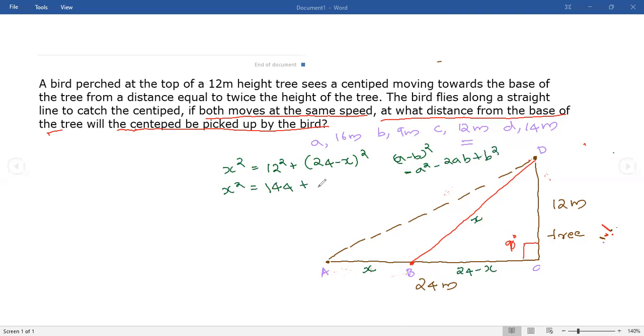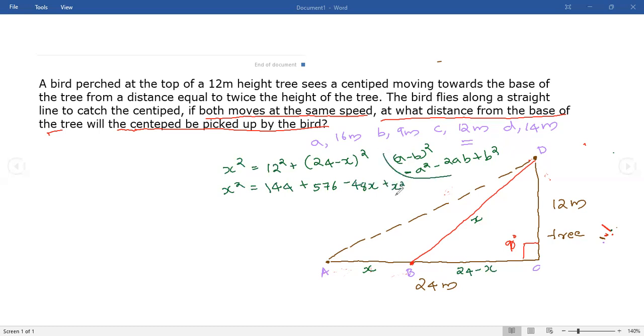So that is 24 square, 24 into 24, which is 576, minus 2AB, that is 2 into 24, 48X, plus B square, that is X square.